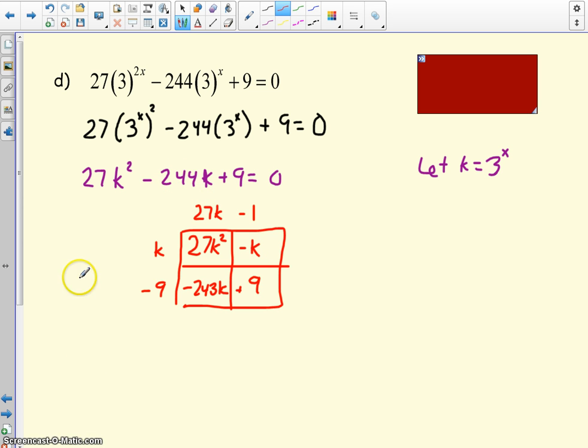And again, in no way was this necessarily an easy one to factor, so if you find the quadratic formula a little bit easier to use in this circumstance, please feel free to do so. Either way, you're going to wind up solving for k in the end. I'm using factored form here, so for my next line, k minus 9 and 27k minus 1. Remember this is all going to be equal to 0.